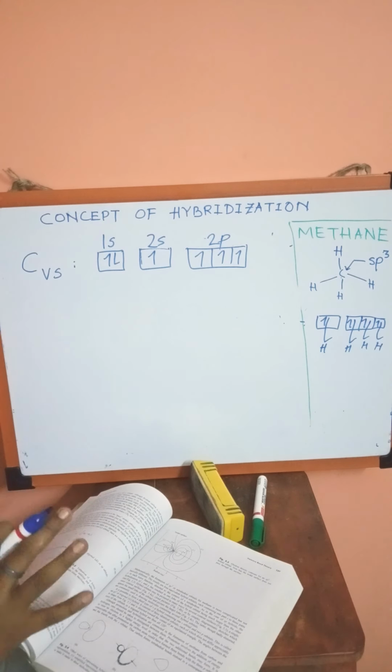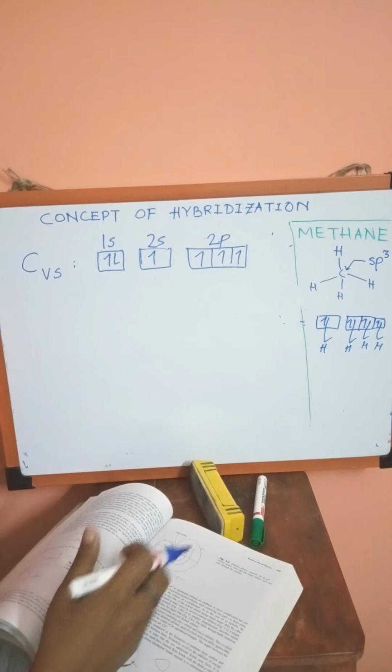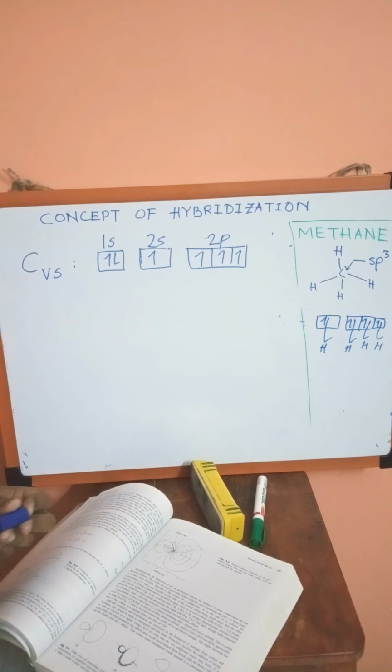Now, according to the concept of hybridization in orbitals or electronic configuration, we say that hybridization consists of mixing or linear combination of pure atomic orbitals to form a new set of hybrid orbitals.